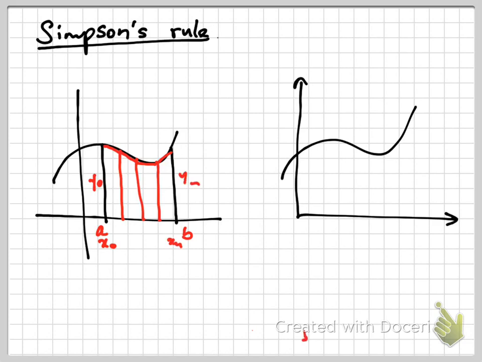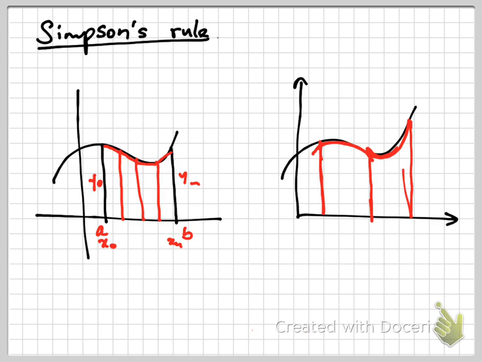When you have an area under a curve using Simpson's rule, what Simpson did is divide the strips into two. Instead of using a straight line, he used a parabola to model the curved part, and therefore his equation is slightly different.